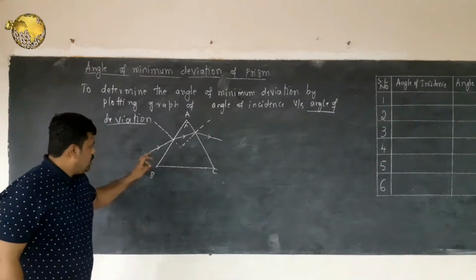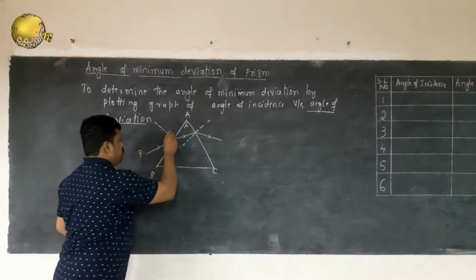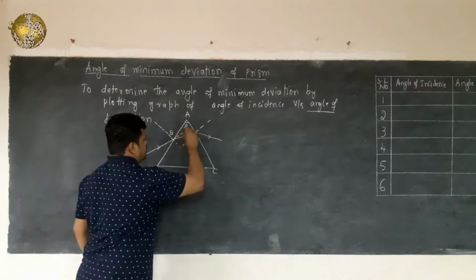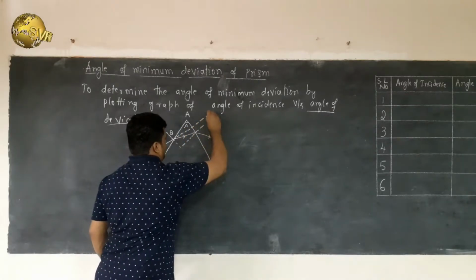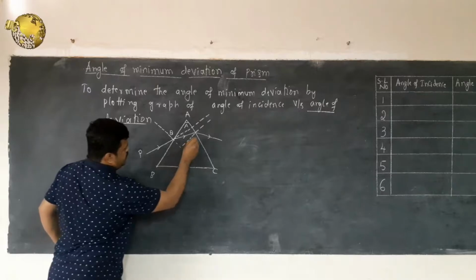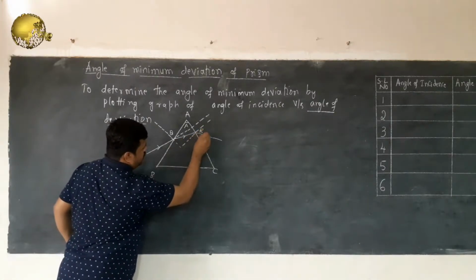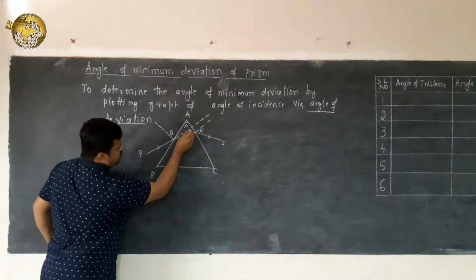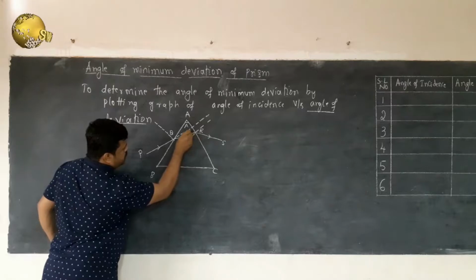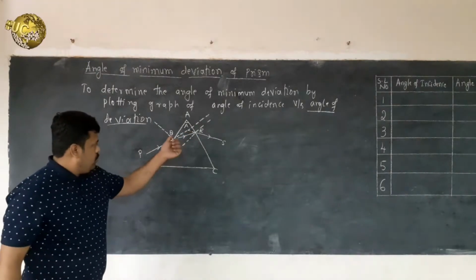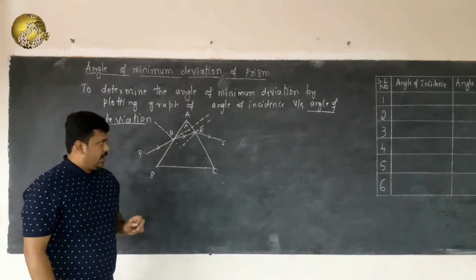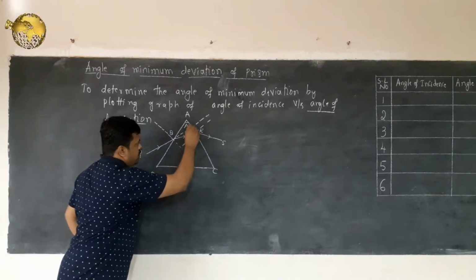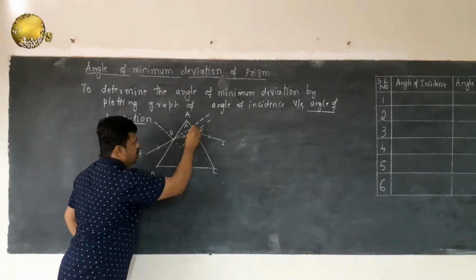For that I take the incident light, let me call it PQ, and the undeviated incident light I represent with dotted lines, and the retraced emergent light, RS. The angle between the undeviated incident light and the retraced emergent light we call the angle of deviation.